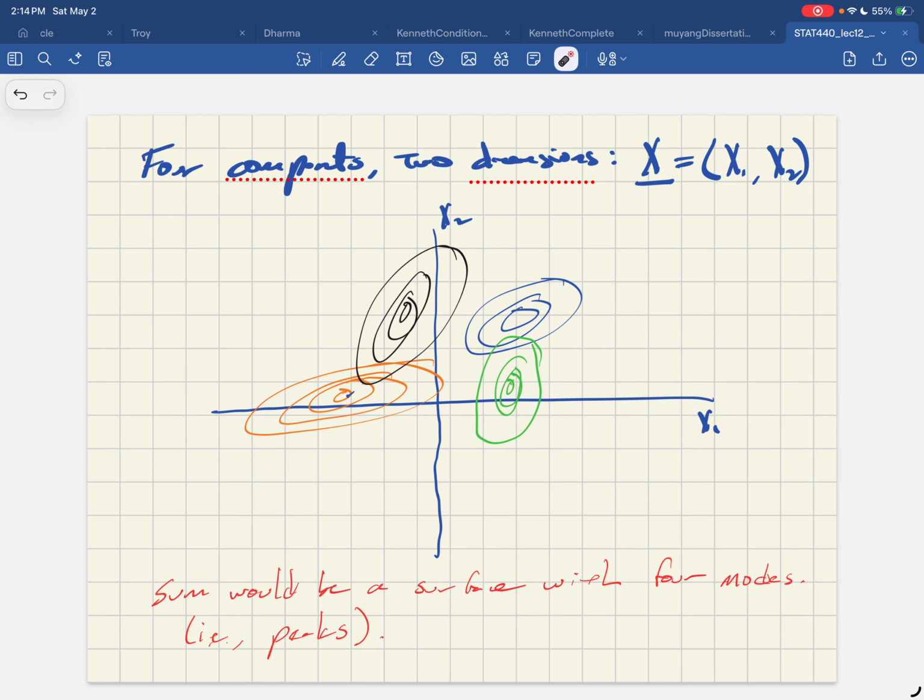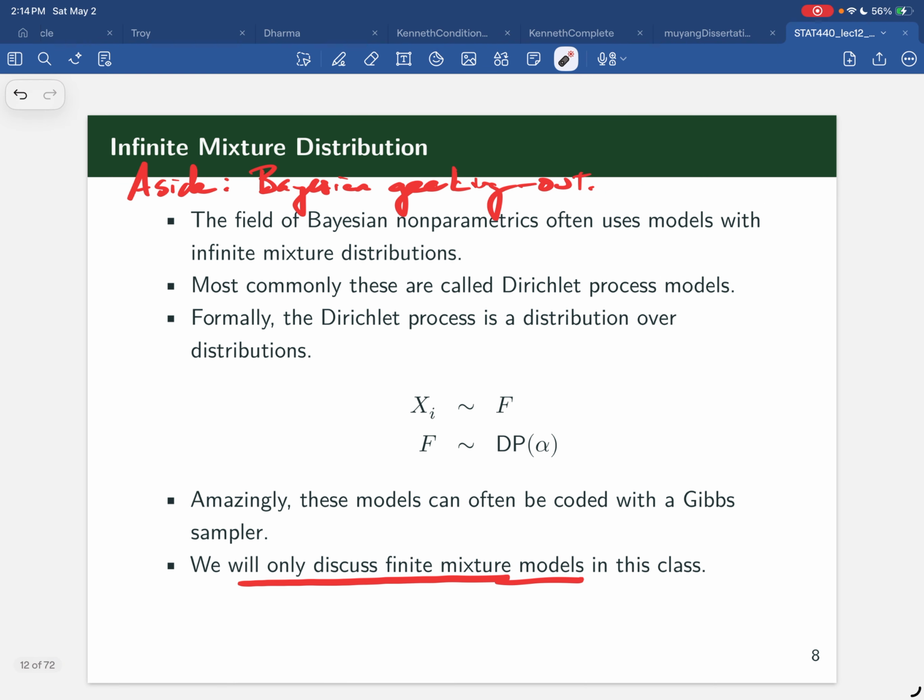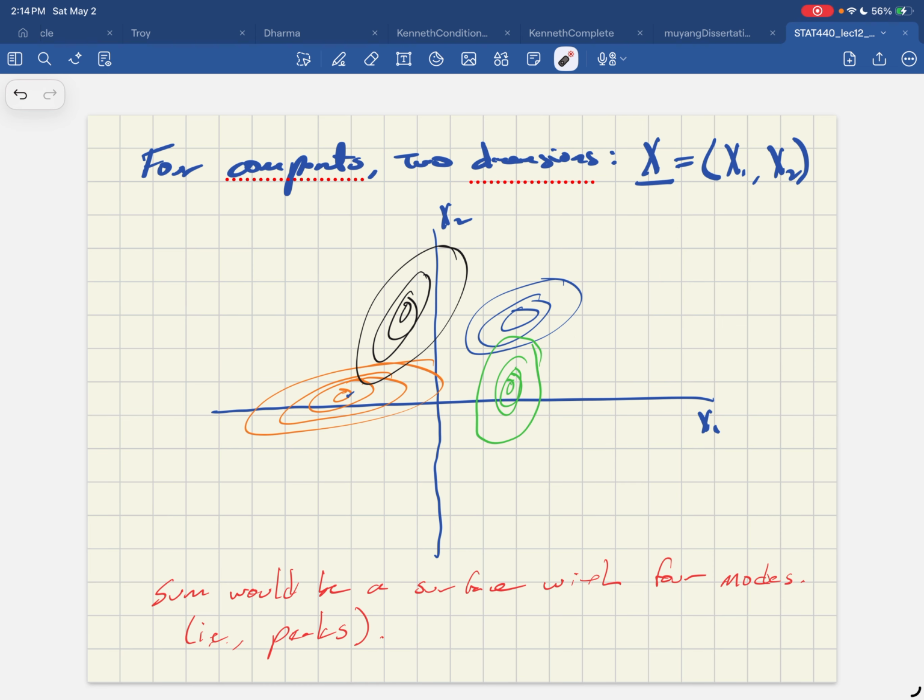So for instance, the saddle, if you will, between these two densities is not going to be too low because we've got some overlap in those densities. Okay, so hopefully the idea of a mixture distribution is pretty simple.